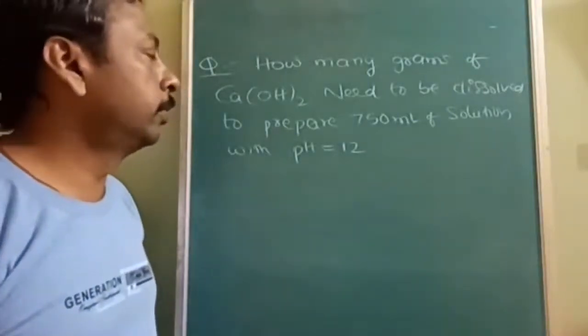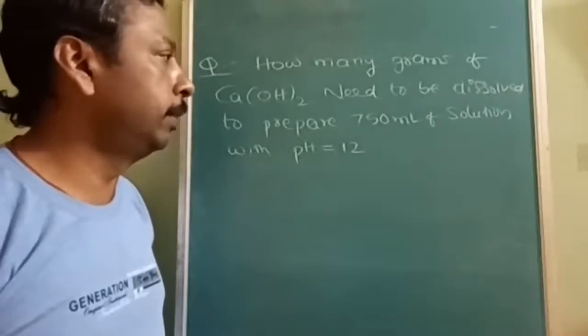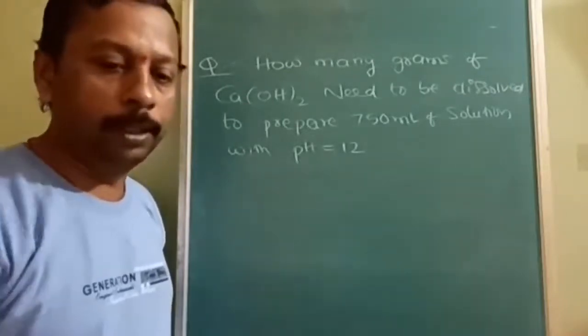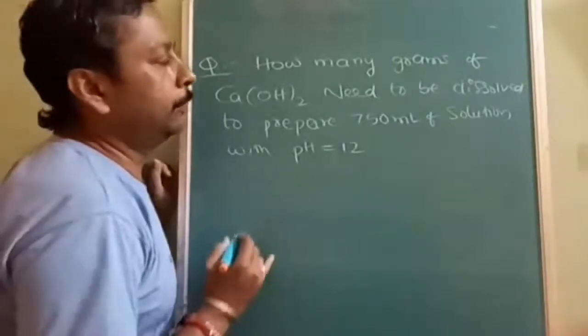How many grams of calcium hydroxide need to be dissolved to prepare 750 ml of solution with pH equal to 12. So this is another model of a question.